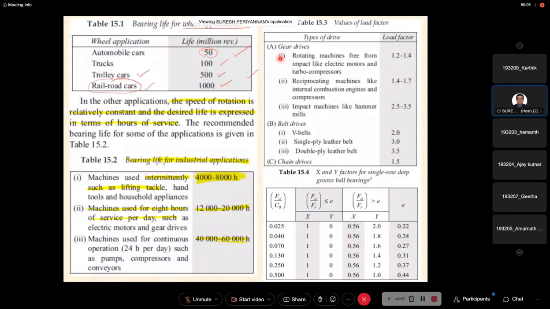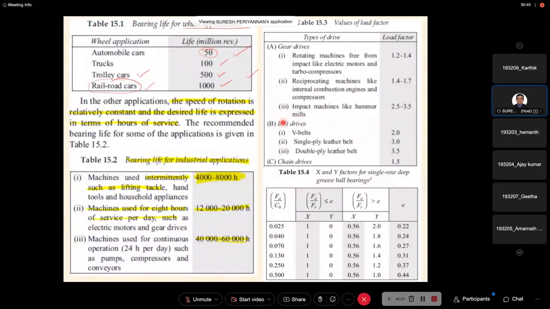I mean, in gear drives, where we are using rotating machines free from impact, like electric motors and turbo compressors. Somewhere in the problem, if they mention a turbo compressor or electric motor connected in a gear drive, then you have to consider load factor 1.2 to 1.4. These are the practical conditions they defined. Now reciprocating machines, 1.4 to 1.7.